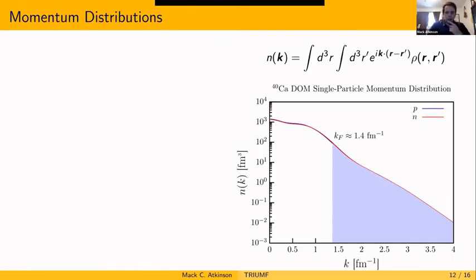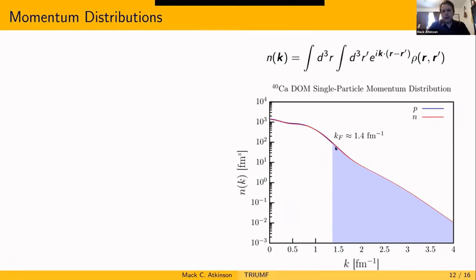So one way to look at this is to look at the single particle momentum distribution. So here's an example of calcium-40's momentum distribution, which is found just by a double Fourier transform of the density matrix.